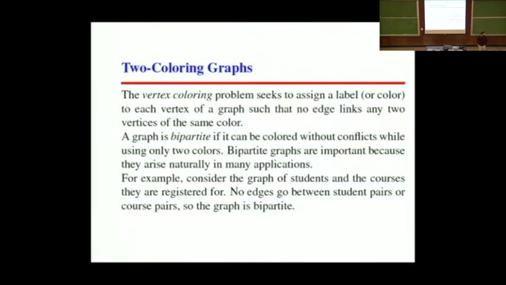Okay. Let me give you one other application of breadth-first search that is also enlightening, which has to do with two coloring. A coloring of vertices is an assignment of labels or colors, either from 1 to the number of colors, or you can call them white, red, pink, whatever you want, with the property that after we have colored the vertices, no edge links two vertices of the same color.